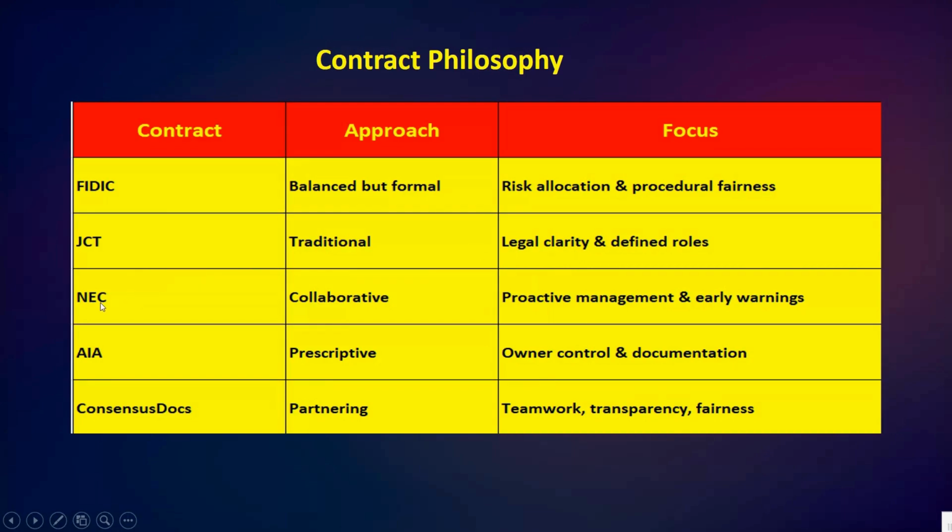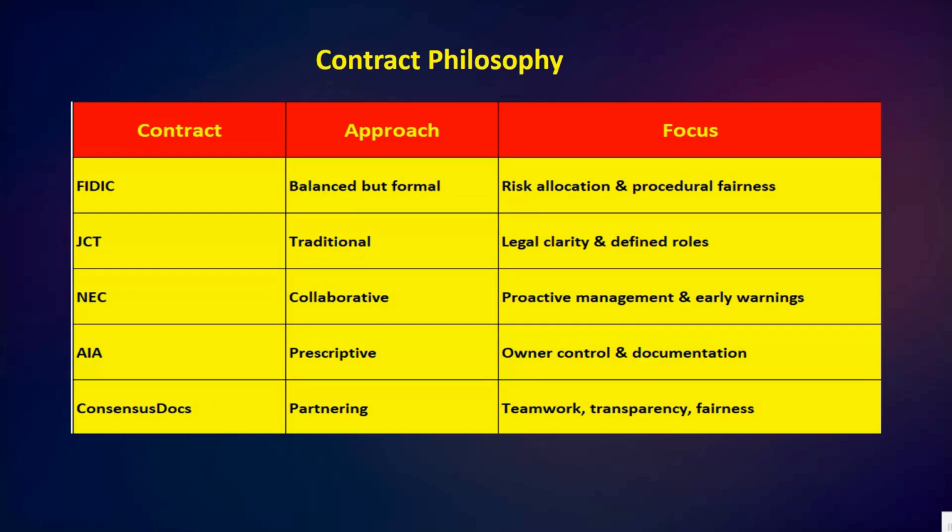Next, we have NEC. NEC promotes a collaborative approach, emphasizing proactive management and early warning to avoid disputes. Next we have AIA. AIA is prescriptive, giving the owner more control with strict documentation requirements. Last we have ConsensusDocs.